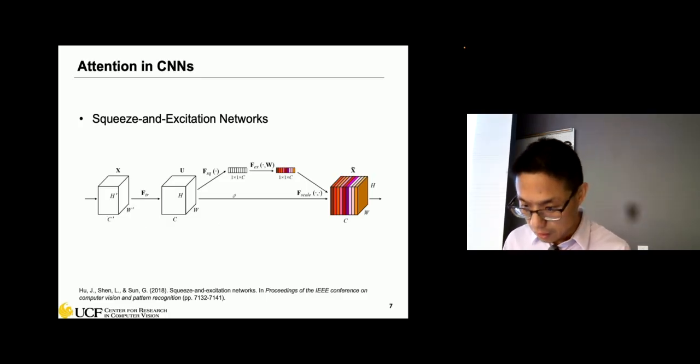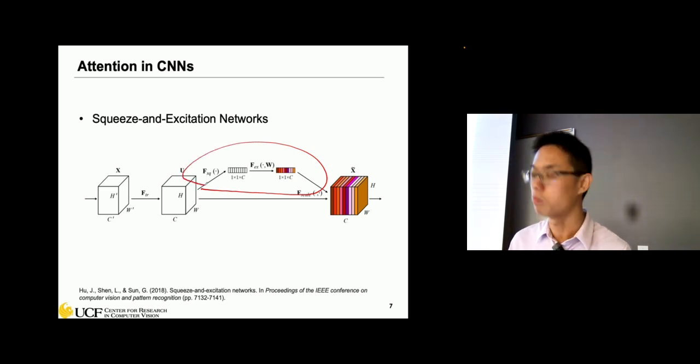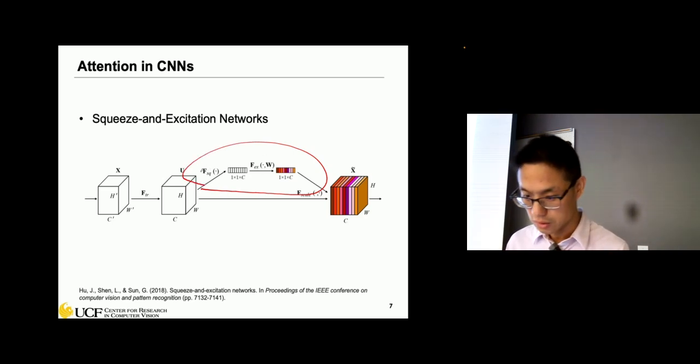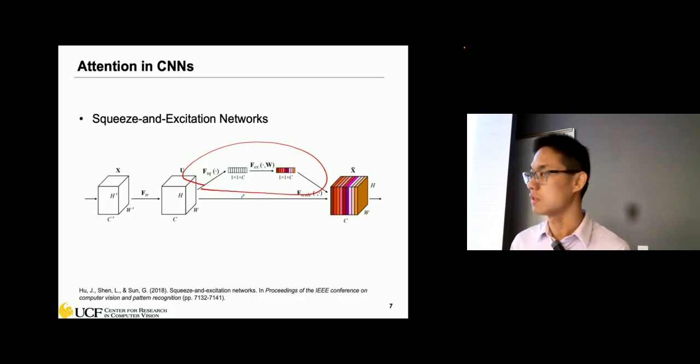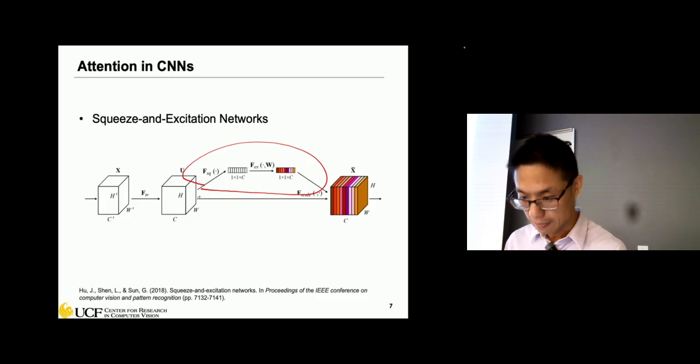They call the incorporated module the squeeze and excitation module. If you don't have that, this is just the standard or conventional CNN with these conv layers.